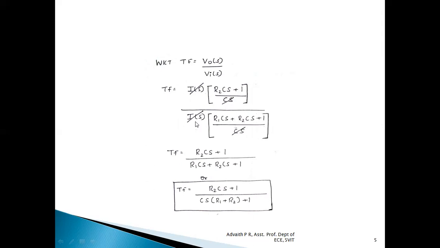CS and CS get cancelled. I of S and I of S will get cancelled. So we'll be left with transfer function equal to R2 CS plus 1 divided by R1 CS plus R2 CS plus 1. Or the transfer function is equal to R2 CS plus 1 divided by, taking CS common, (R1 plus R2) CS plus 1.